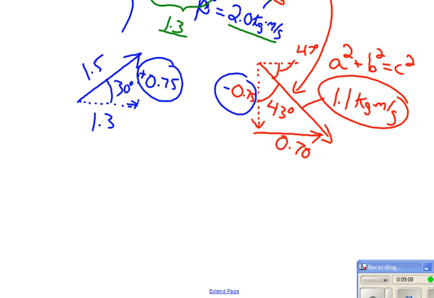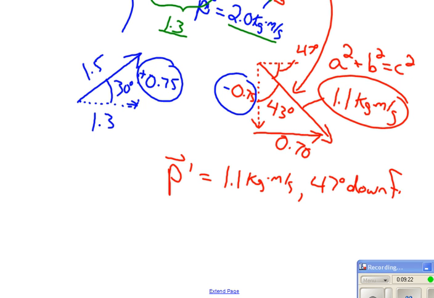So my final answer for the momentum of the red object after the collision: 1.1 kilograms times meters per second, 47 degrees down from the original position. So I could say maybe down from right. And that would probably be an accurate description. If we had north, south, east, west, we would use that.